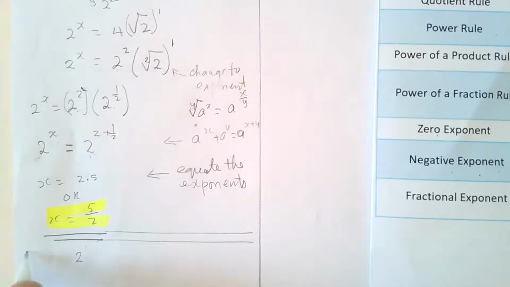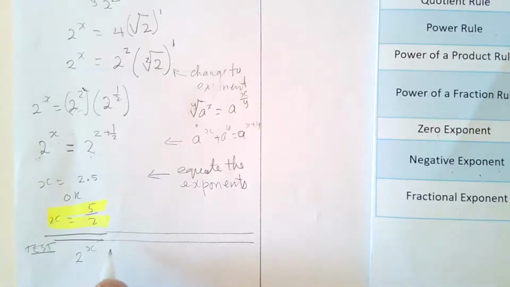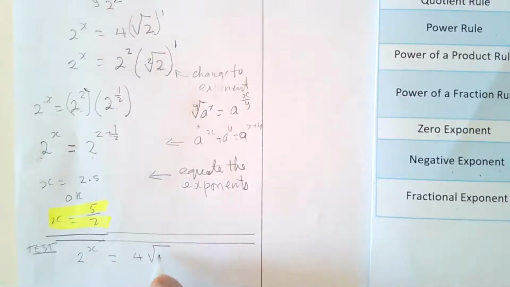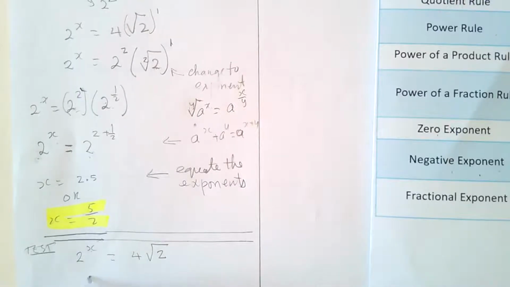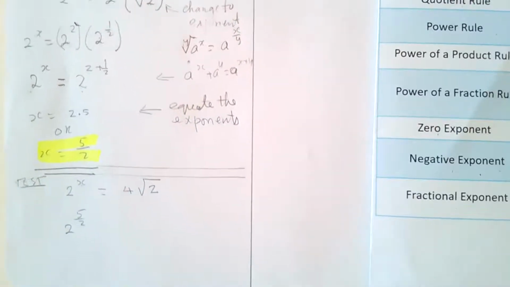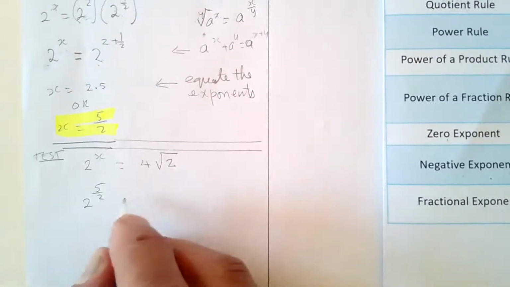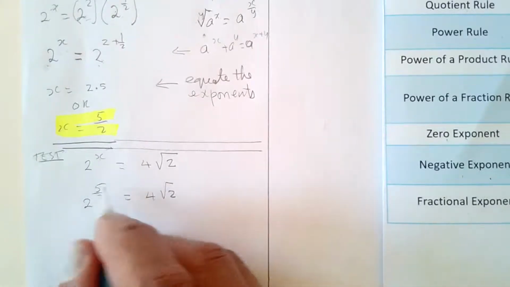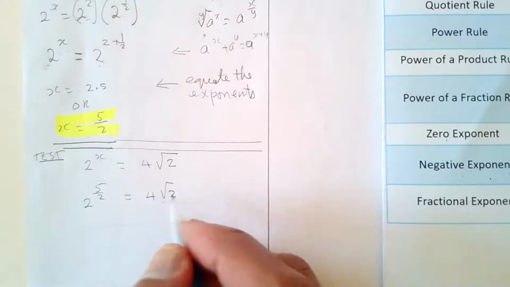We can test this as our test. 2 to the power x is equal to 4. This is the original question. x is equal to 5/2. So this left side should be equal to 4 for it to be the same.